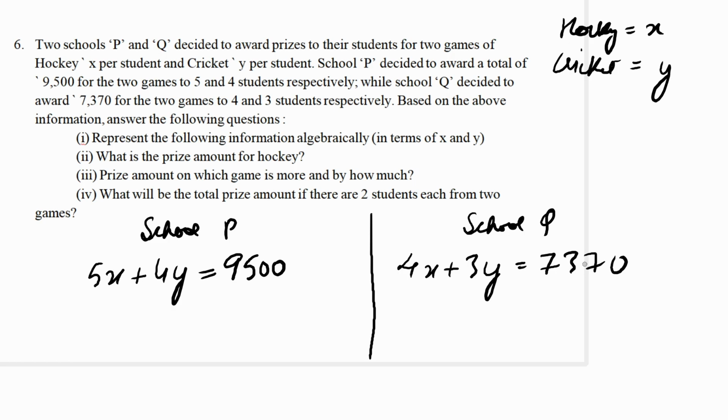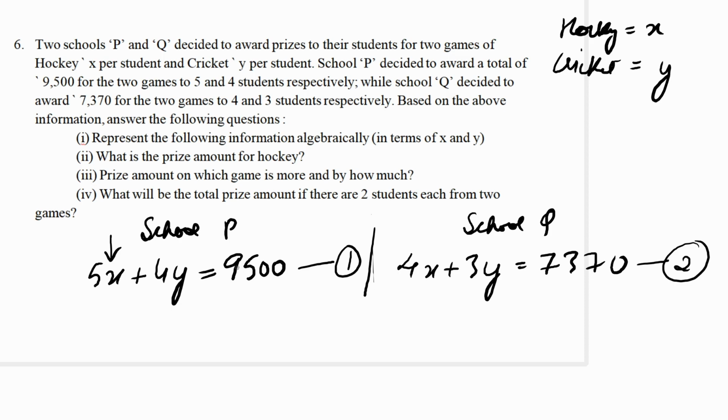So this is the first part of the question, that is, represent the following information algebraically. Once we have done that, we will find the prize amount for hockey. For that we will have to solve these two equations. What he is asking is, what is the prize amount of hockey, that is, what is X.